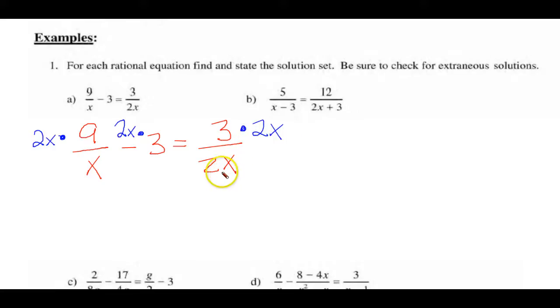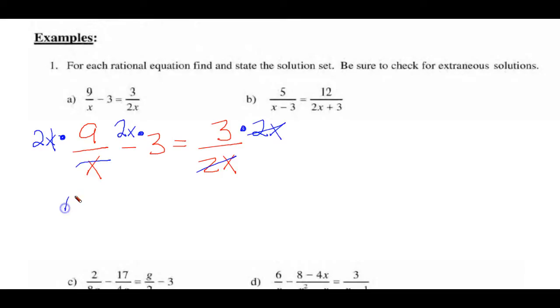Now, in doing so, we're multiplying each term by something that will get rid of the fractions. So here, the x's cancel out. Here, nothing cancels out. And here, the 2x cancels out. So now we rewrite it.